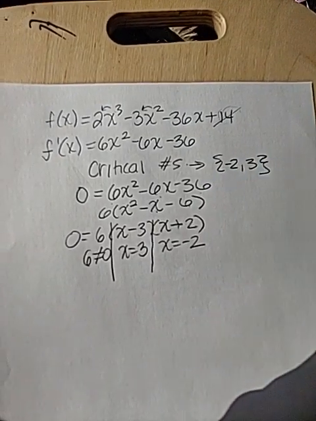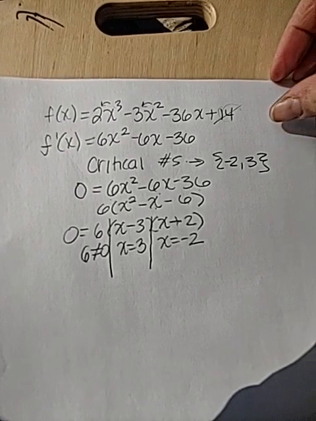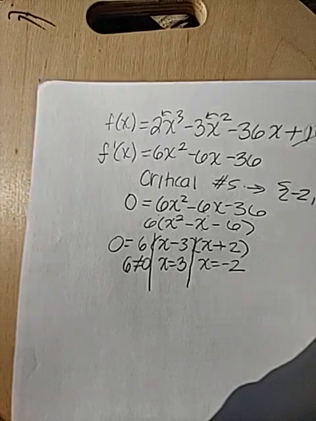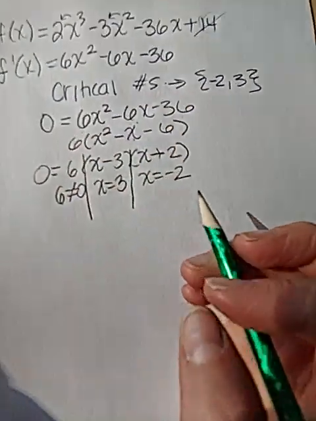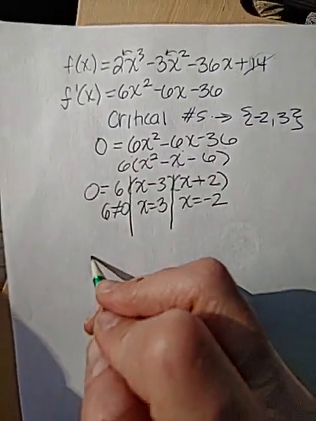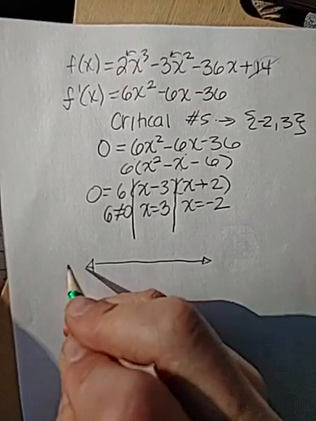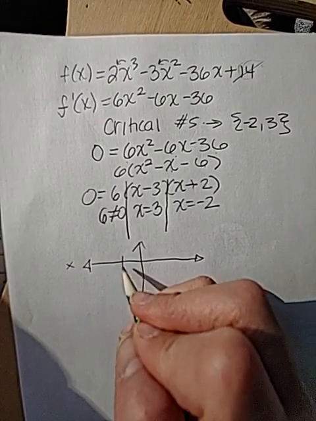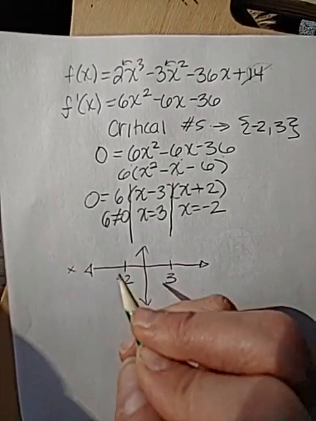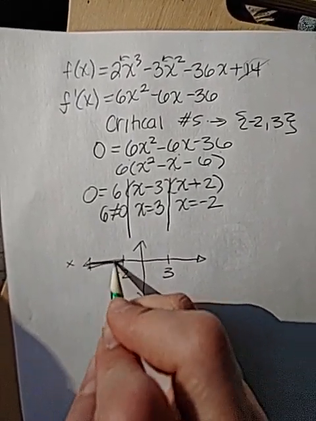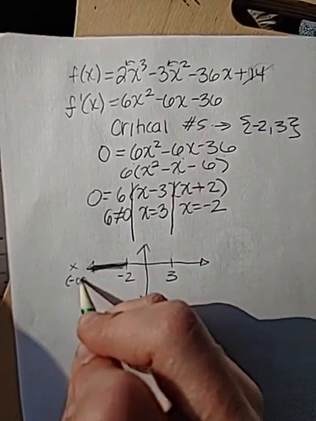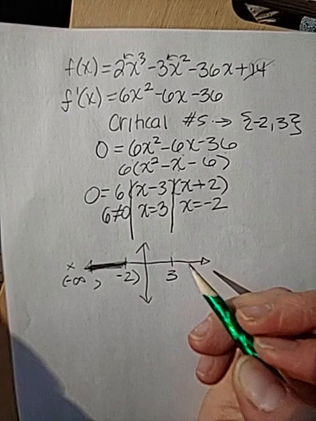Now, negative 2 and positive 3 are going to separate my function into 3 separate intervals. So if I'm looking at a number line, or if I'm looking at the x-axis, I have 3 separate intervals here. I have this interval here, which is negative infinity to negative 2.